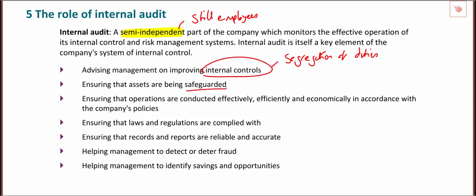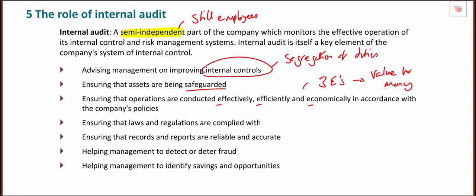Ensuring that operations are conducted effectively, efficiently, and economically, and we call that the 3 E's. And the 3 E's essentially are a measure of value for money. So we're making sure that we're achieving value for money.